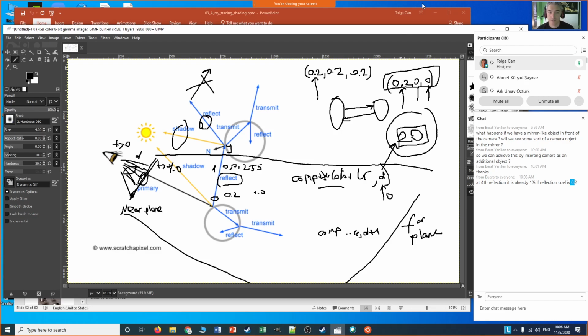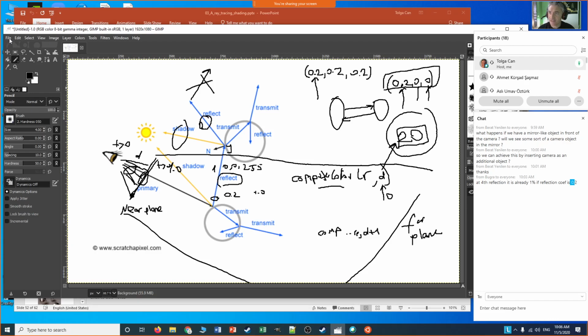After we compute this color, we just treat it as a light source and multiply it with the reflection coefficient of this point, and then add it to the other colors. Everything is additive.